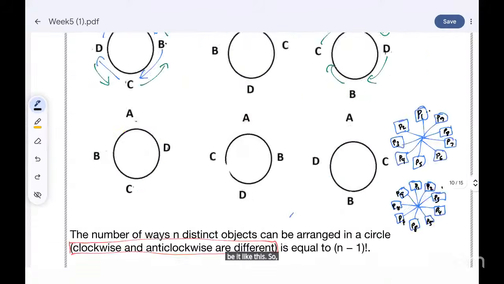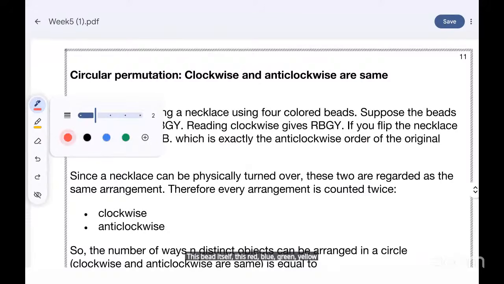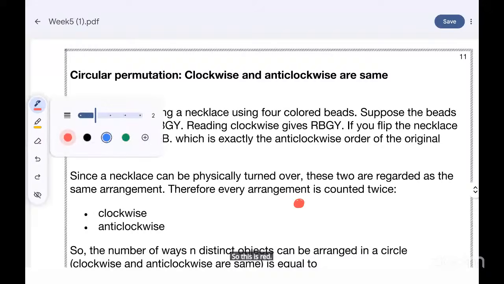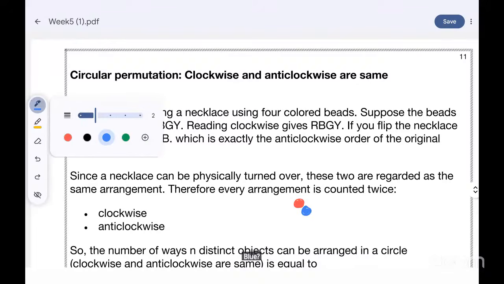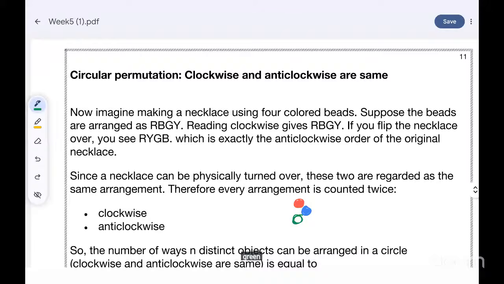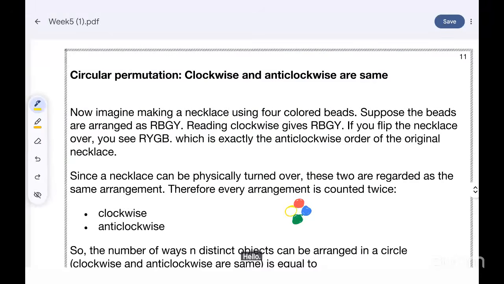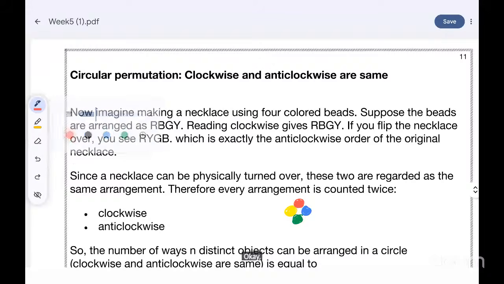So for example, this bead itself, this red, blue, green, yellow. So this is red, blue, green, yellow. Now you are flipping it over.